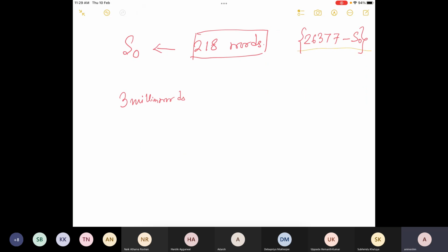Now what did they do? They had S0 as 218 words. Let's say S0 complement, which is like W minus S0. These they said are plus ones, and these they said are minus ones.